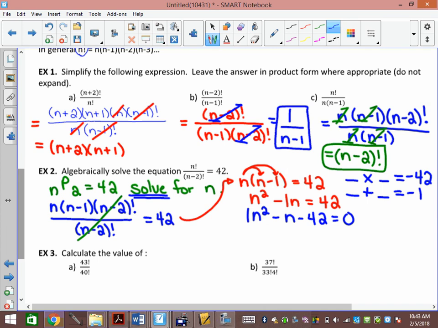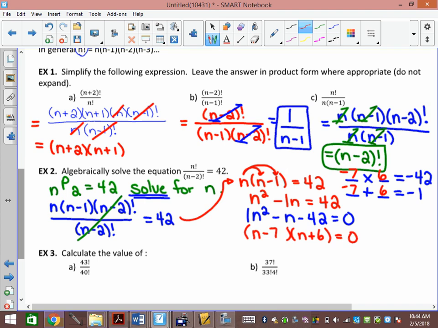So what multiplies to give you negative 42 and adds to give you negative 1? Negative 7 and 6? I don't even have to do decomp because I have a 1 in front of my n squared. The moment I have a 1 in front of my n squared, I can just go straight to brackets. N minus 7, n plus 6.